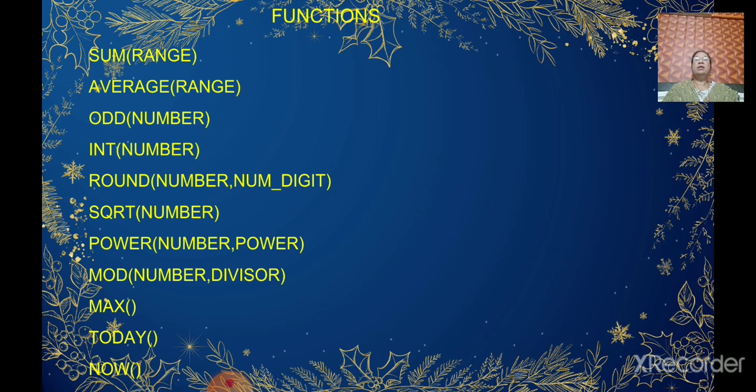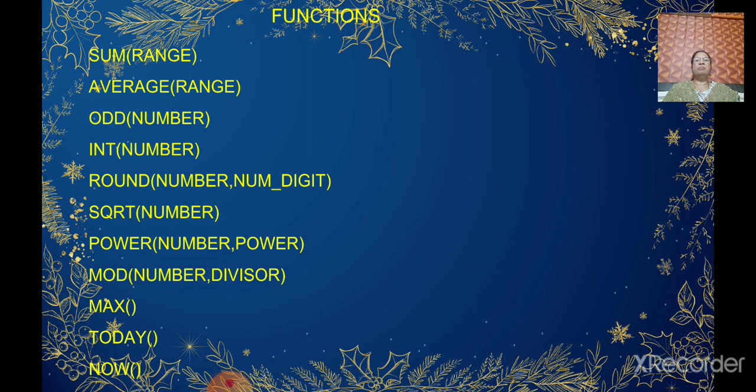Same thing, power. The power function returns the result of a number raised to some power. Suppose your number is 2 and the power is 2, then it will give you 4. Same thing, the mod function: equals mod, with number and divisor.